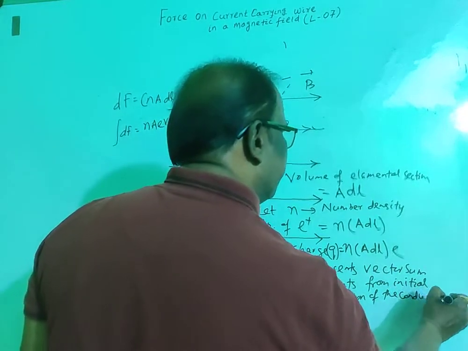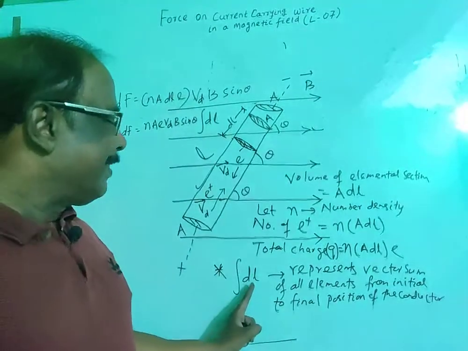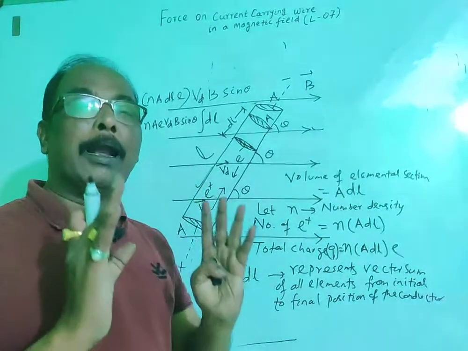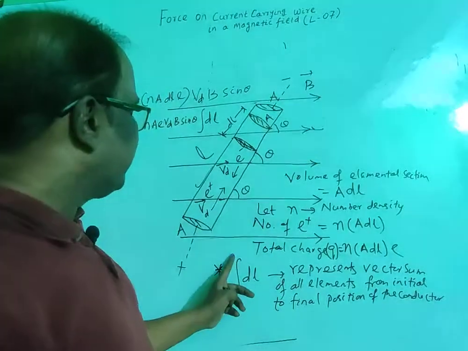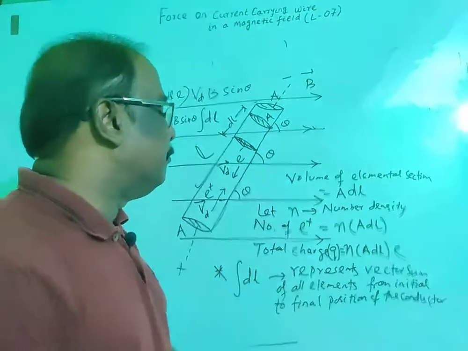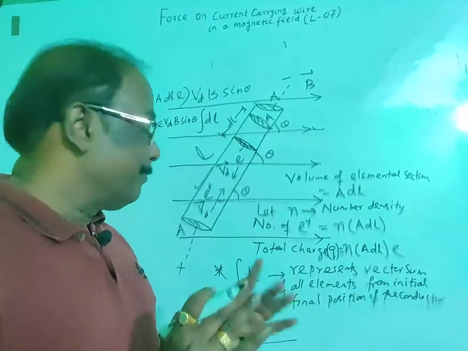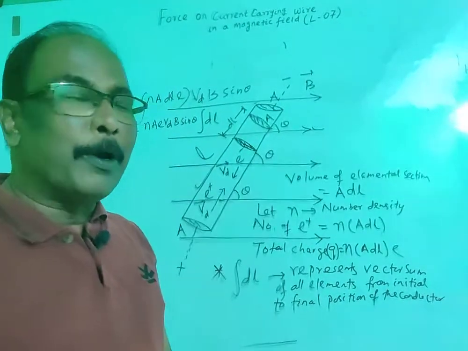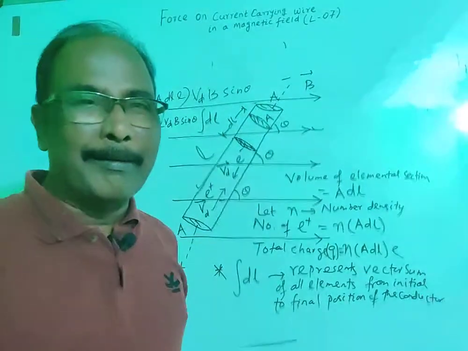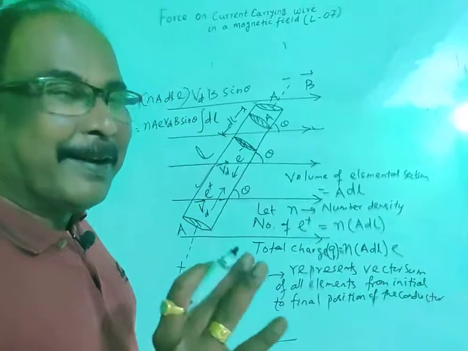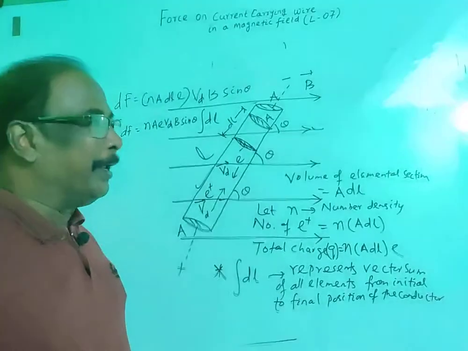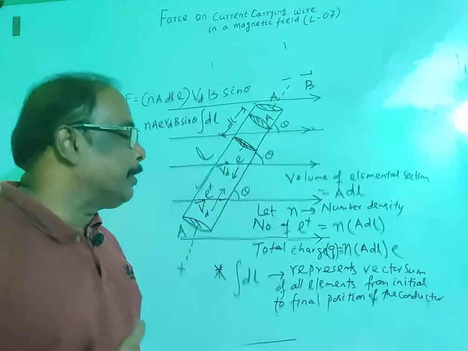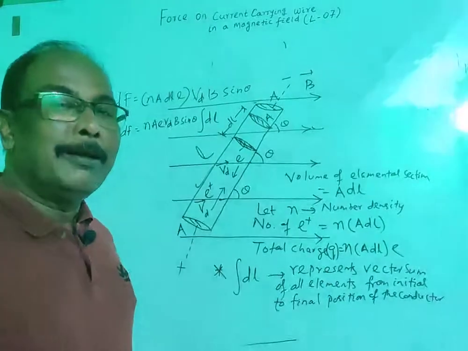This is important. dl is a small part of the conductor, but integration of dl means total length. We have taken a straight conductor. I will discuss it at a later stage while solving questions. So integration of dl represents the vector sum of all elements from the initial to the final position of the conductor.